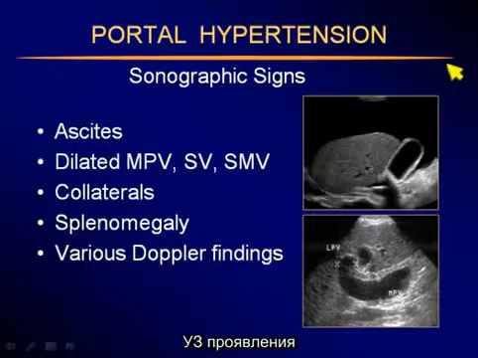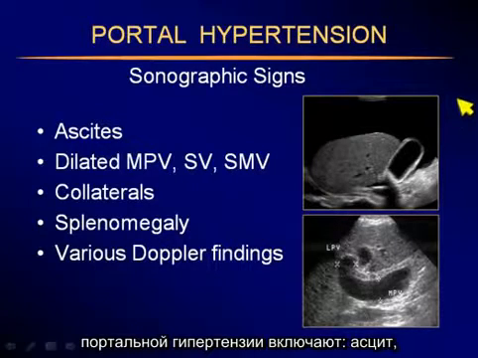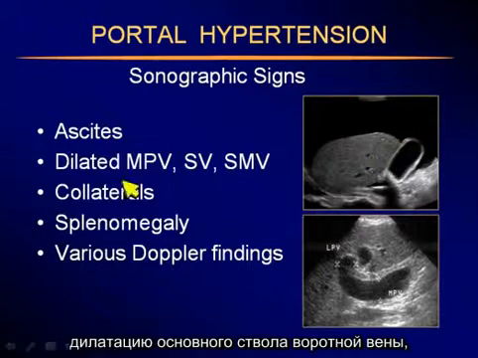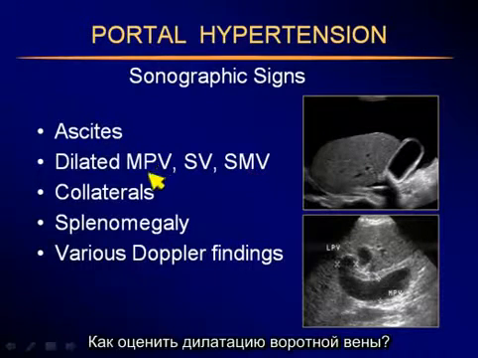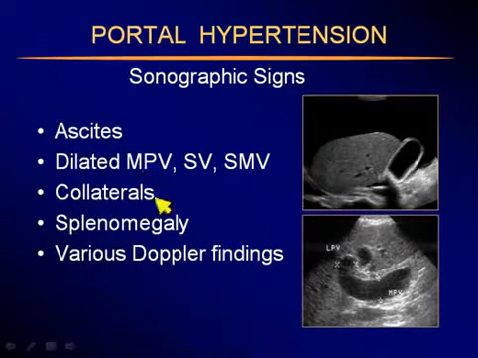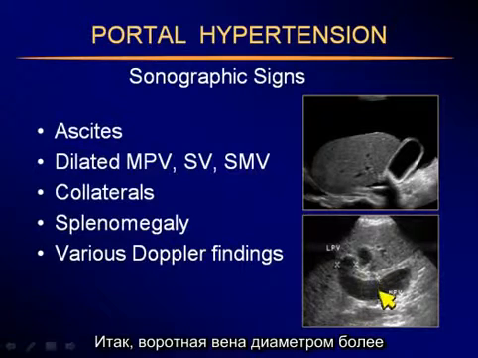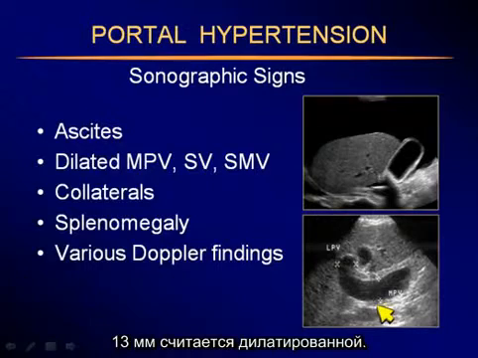The ultrasound findings of portal hypertension include ascites, a dilated main portal vein, splenic vein, or superior mesenteric vein. What is a dilated portal vein? Well, a portal vein bigger than 13 millimeters in diameter we consider dilated.